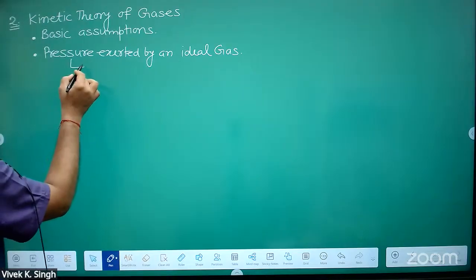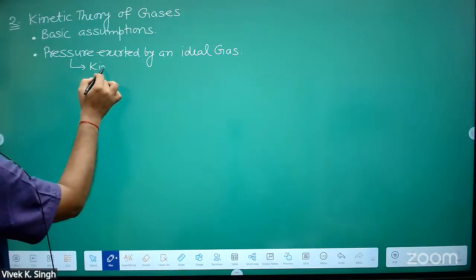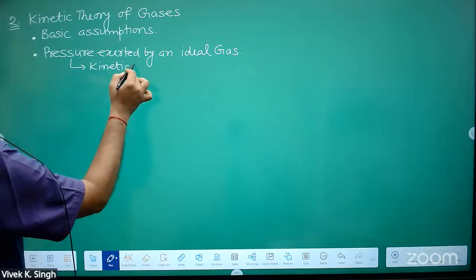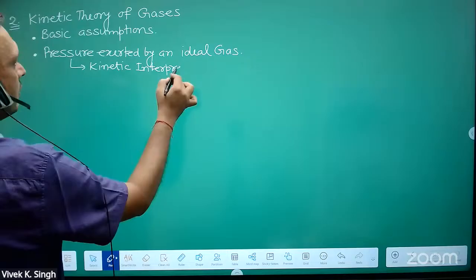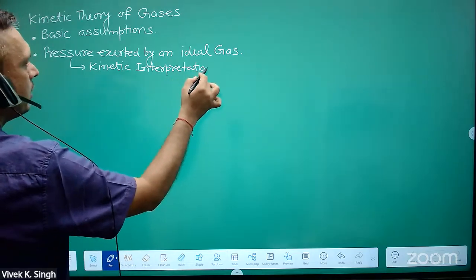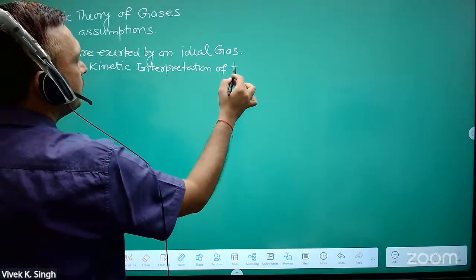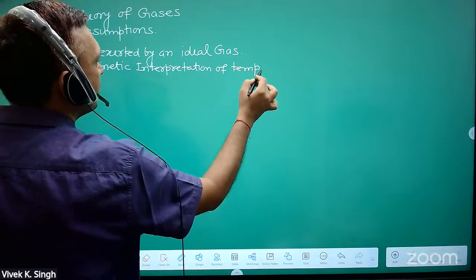And in this, we will see the kinetic interpretation of temperature.